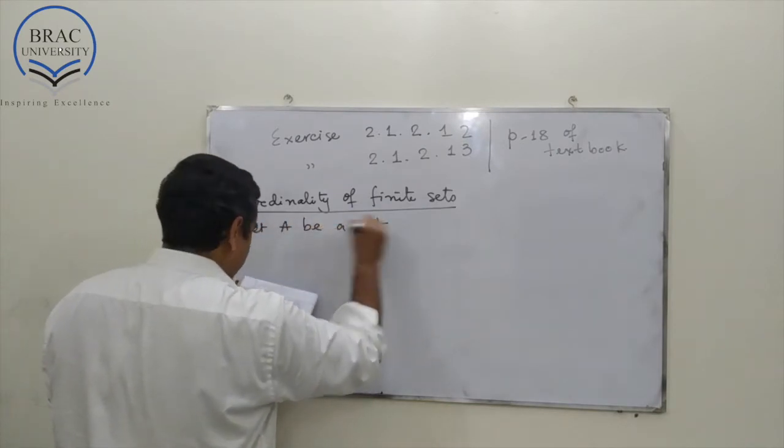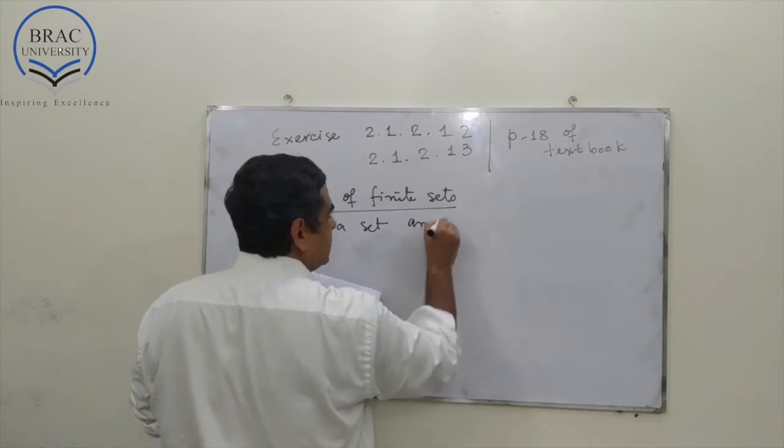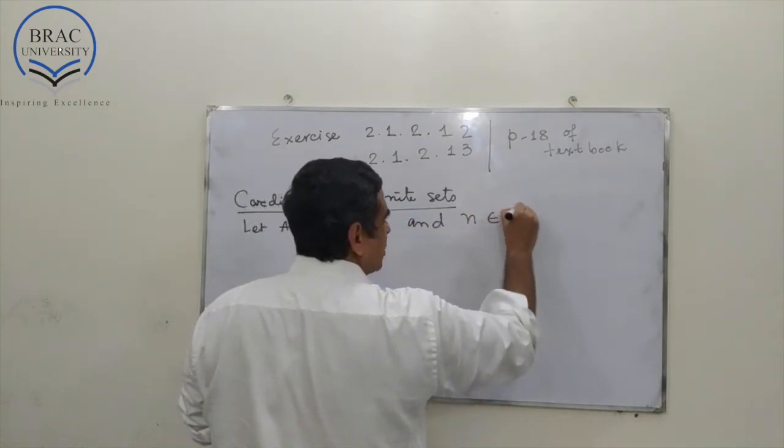Let A be a set, and small n is any natural number.